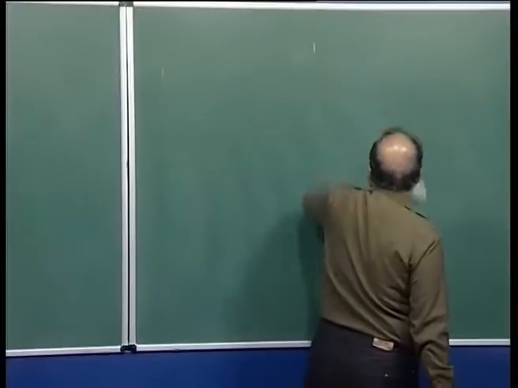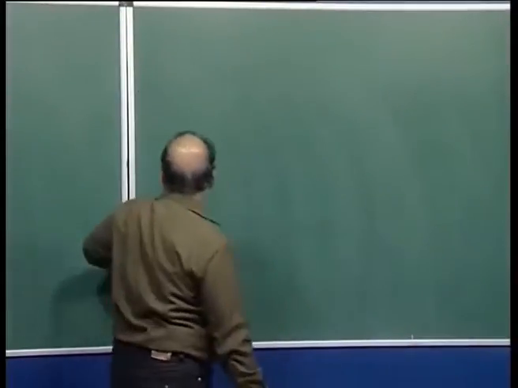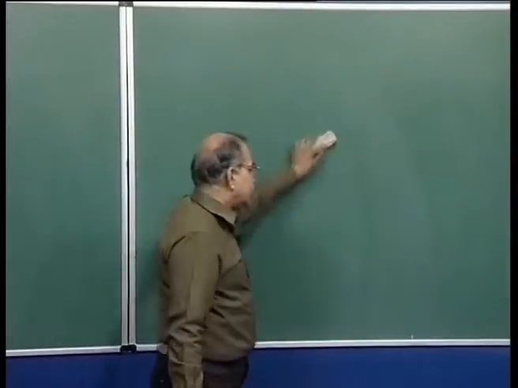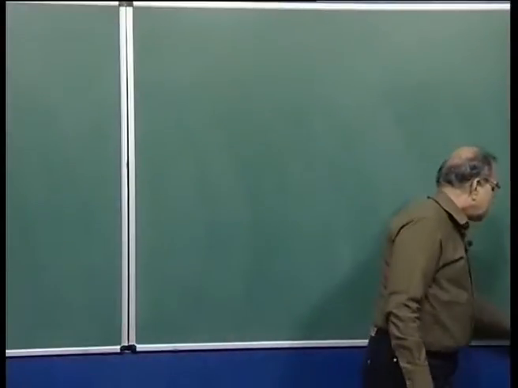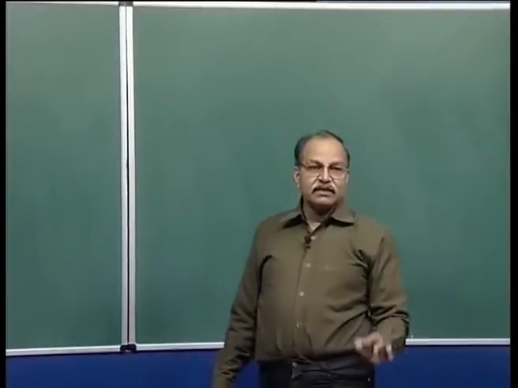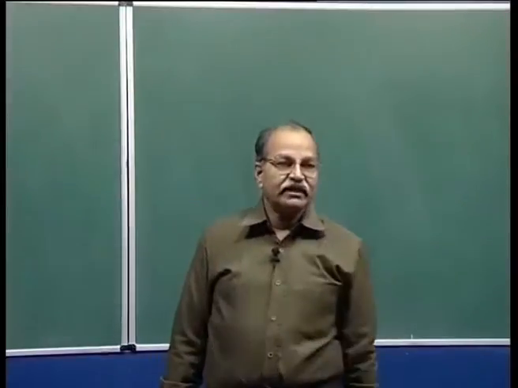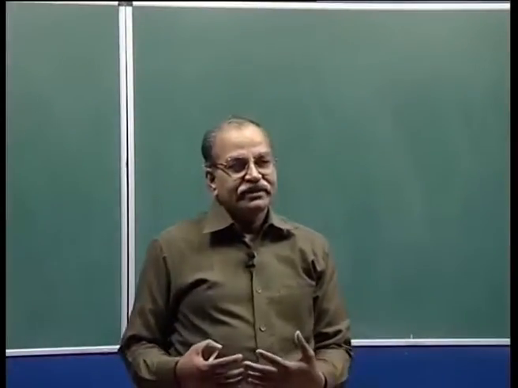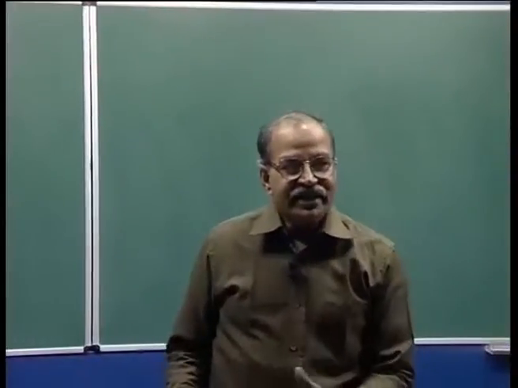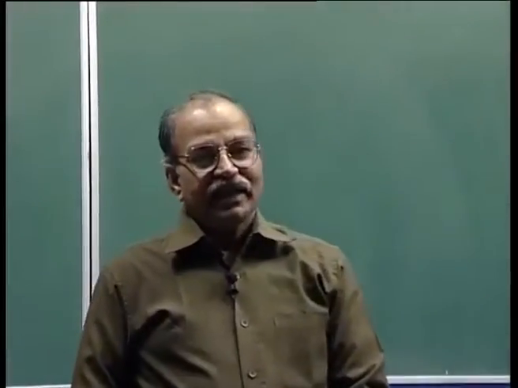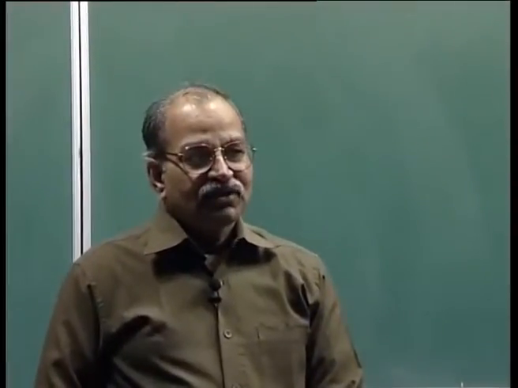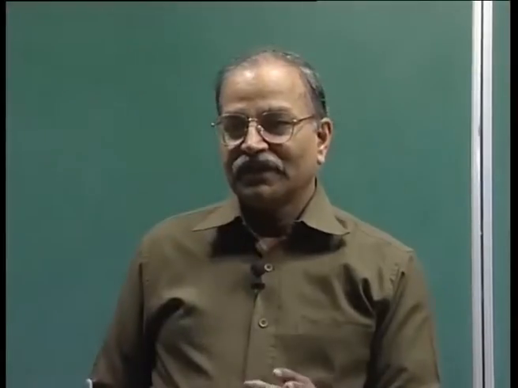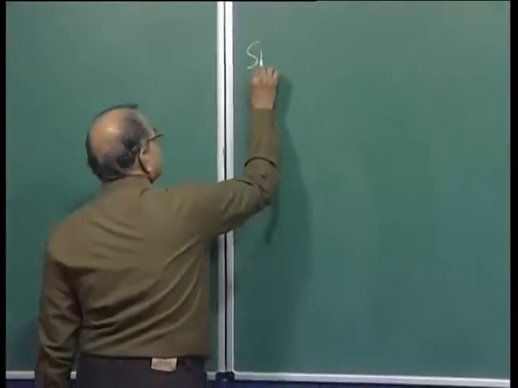Now, coming to connecting this whole model, this whole scheme, to the measurable properties, the first thing which the shell model can quite satisfactorily explain is the spin and parity of nuclei in the ground state.